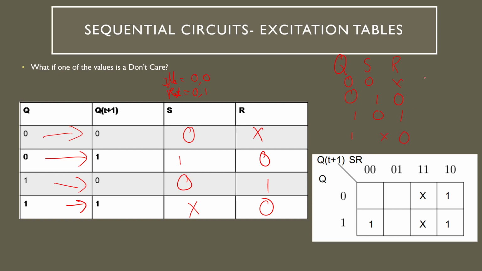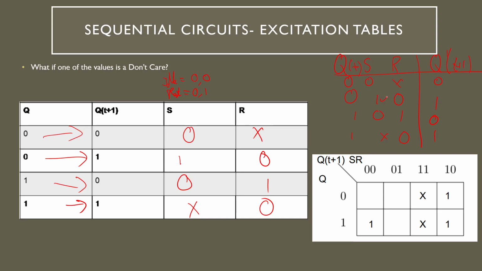Okay, I hope I copied that right. Yeah, I think I did. And then Q of T plus 1 becomes 0, 1, 0, 1.